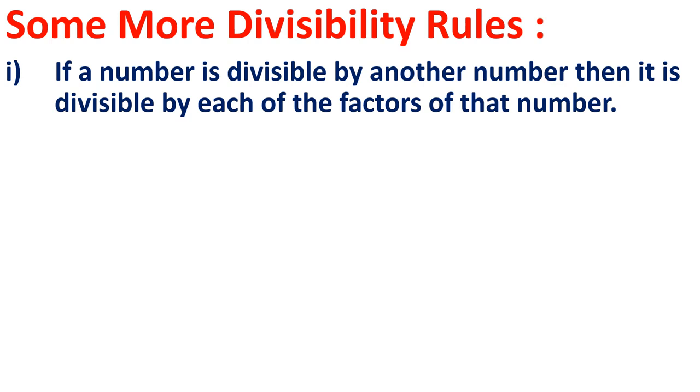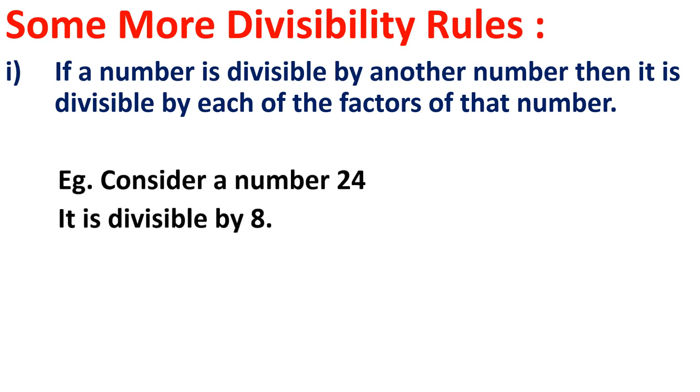Again, read it very carefully. If a number is divisible by another number, then it is divisible by each of the factors of that number. See the example now. Let us take the number 24. It is divisible by 8.